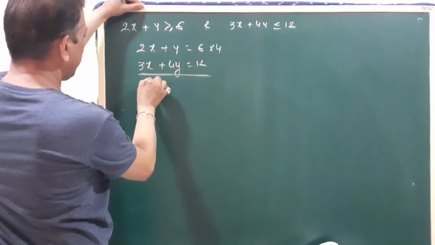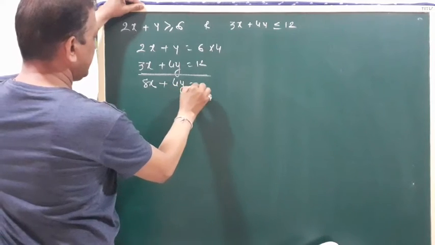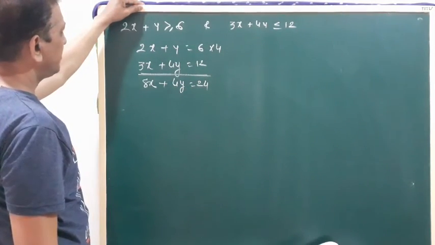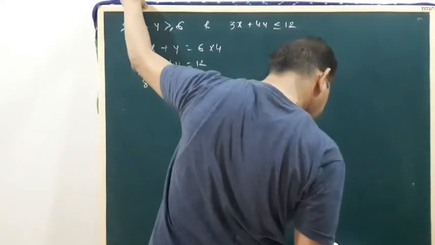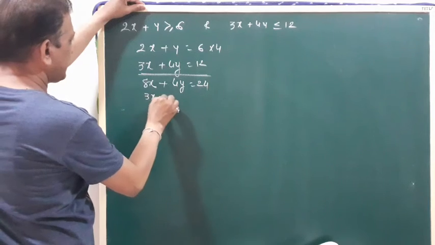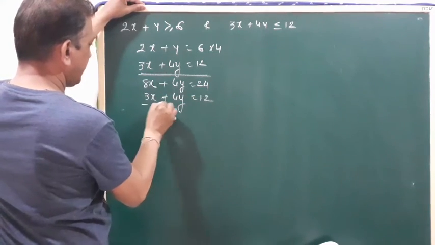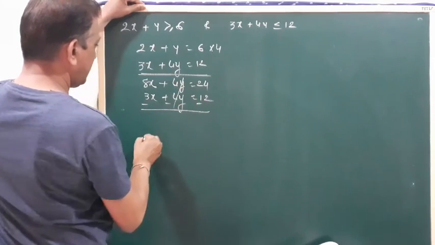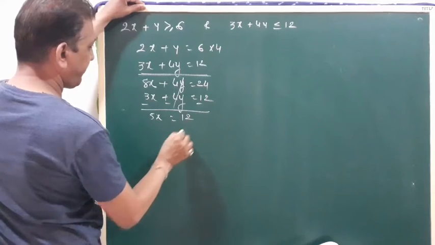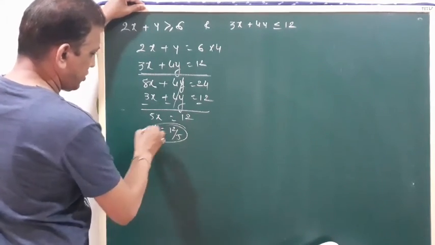Whole equation multiply by 4. 8x plus 4y equal to 24. Here the 6, right. Okay, and 3x plus 4y equal to 12. Minus, minus, minus, cancel. 8 minus 3, 5x. 24 minus 12. So x equal to 12 by 5.